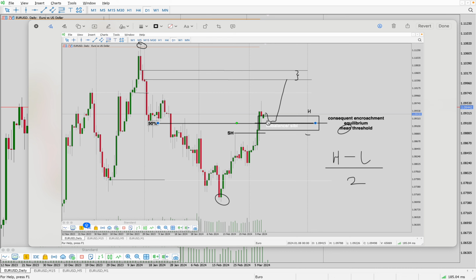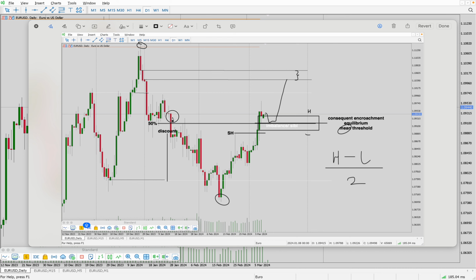So we can expect the market to buy from that area because beneath there is discounts. This entire area in here is market maker discounts.